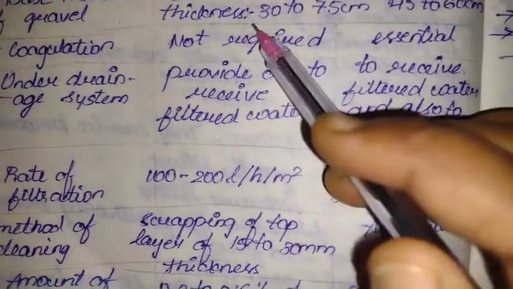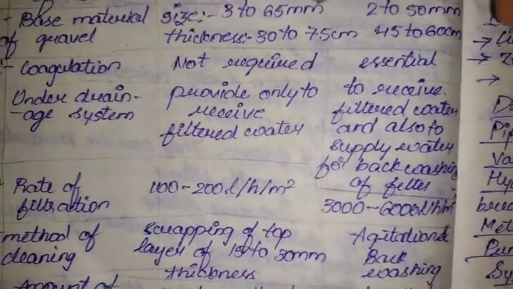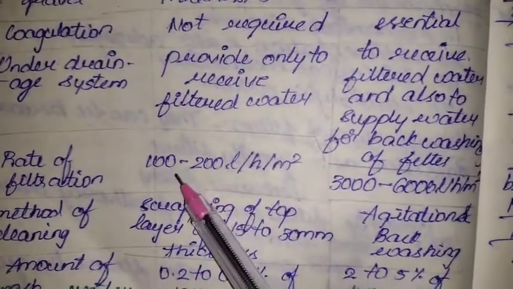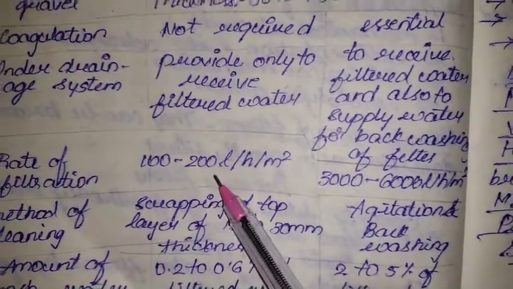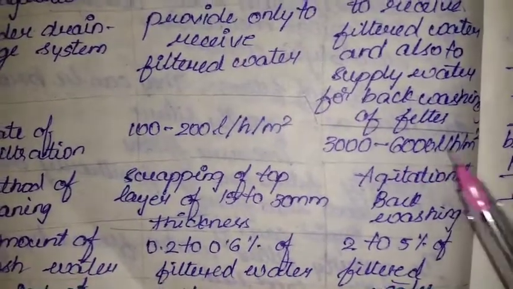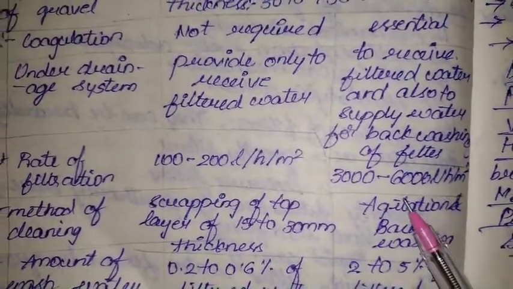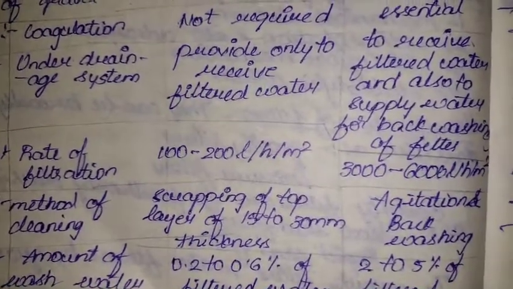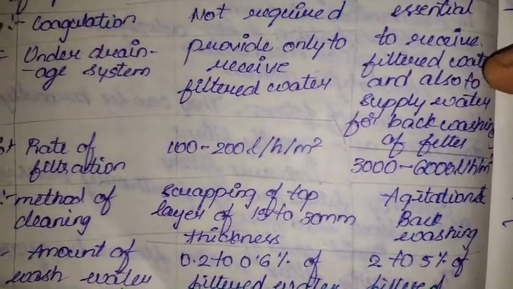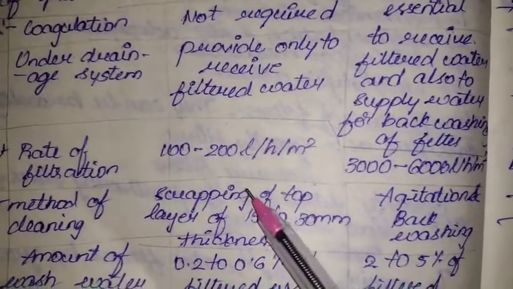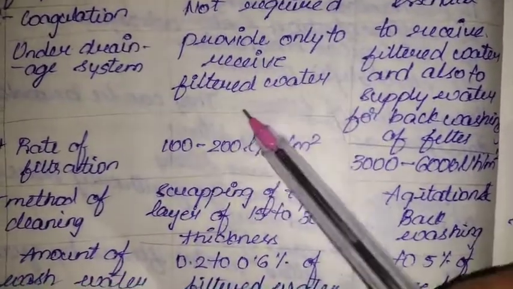In 1 hour, in 1 meter square area, how many liters of water get filtered? This is 100 to 200, whereas in rapid sand filter it is 3000 to 6000. It is very much higher than this value, right? That is why it is called rapid sand filters, whereas the quality of water is not as good as in this case.